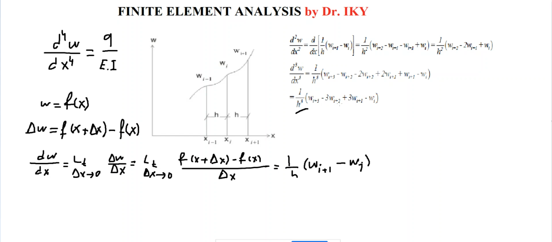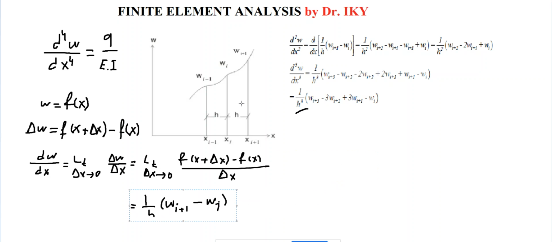And after this, because we want to reach the fourth order, for example, for the beam analysis, you need fourth order. And if you have the moment equation, you need second order. Fourth order is describing the spread weight, the distributed load.